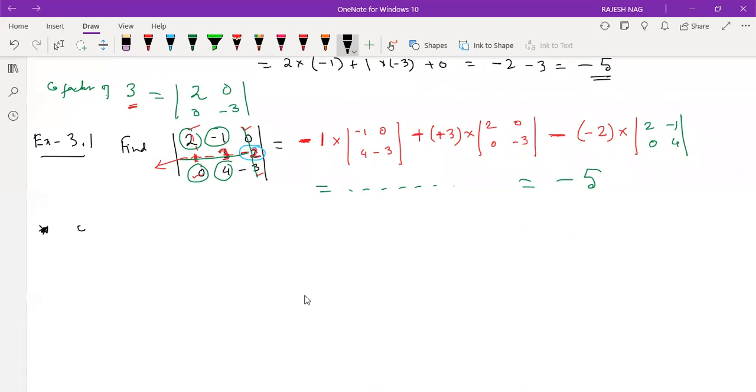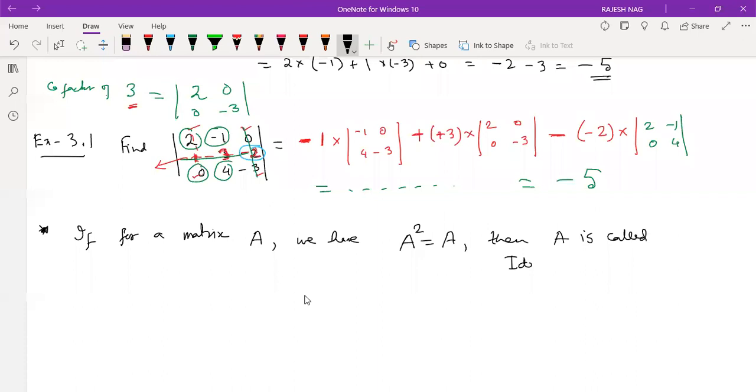If for a matrix A we have A square equal to A, then A is called an idempotent matrix.